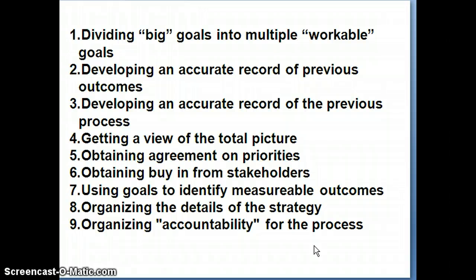Now, number 7 talks about using goals to identify measurable outcomes. And I have a little exercise for you: every organization, including every school represented by a teacher in this group, has a mission statement. And you could probably find it. It's probably listed on your website or in your directory.